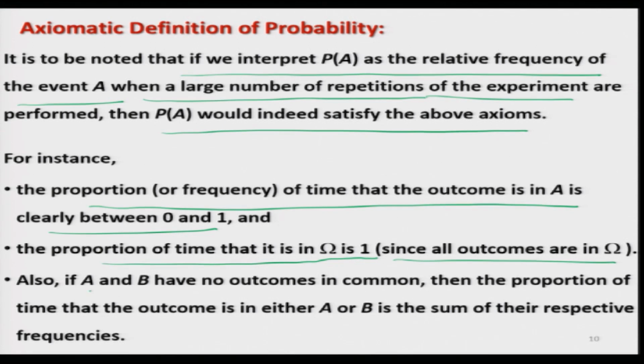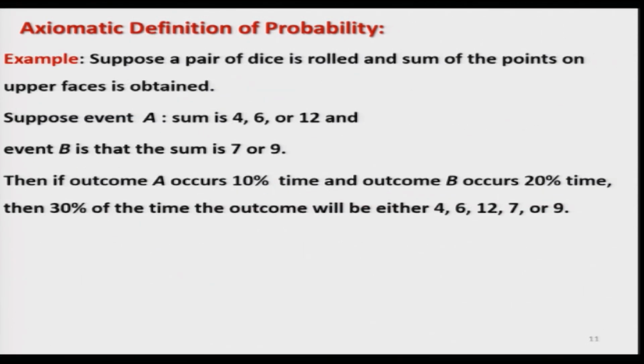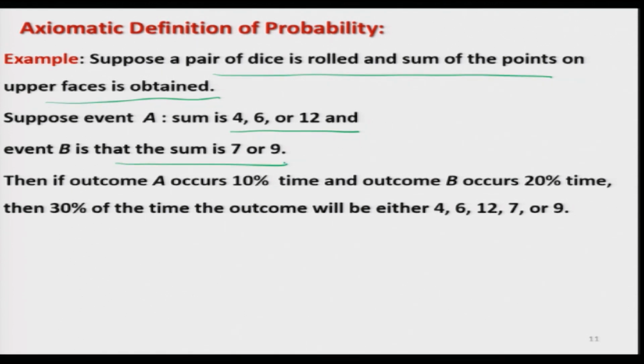And also, if A and B have no outcomes in common, then the proportion of time that the outcome is in either A or B is the sum of their respective frequencies. Frequencies means the relative frequencies. For example, take the same example: suppose a pair of dice is rolled and the sum of the points on the upper faces is obtained. Suppose event A is defined as the sum being 4, 6 or 12, and event B is that the sum is 7 or 9.